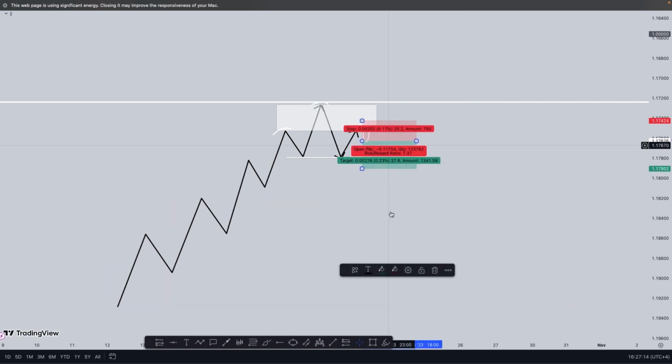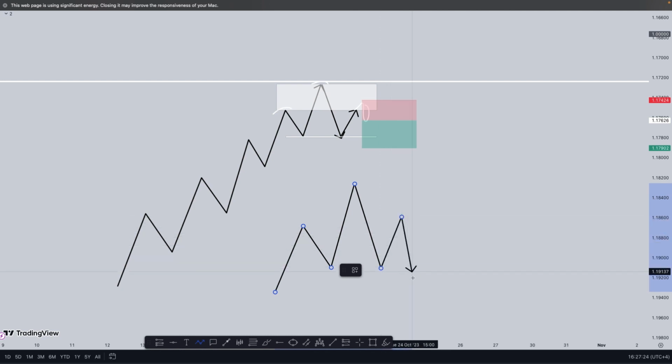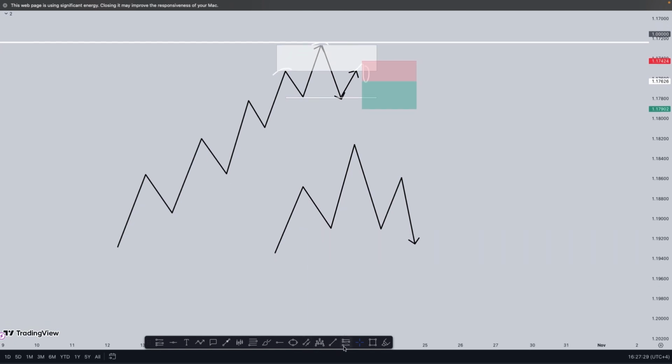Once I get in here, this becomes a risk entry because with my head and shoulder, what I want to do is I want price to create a left shoulder, head, right shoulder like that, right, and I want price to break the neckline. Once price breaks the neckline, this confirms the head and shoulder pattern, right, and this also indicates that price has reversed, because if you understand market structure, once we break below this low, this is a change of character.